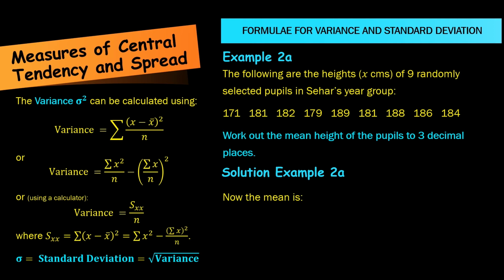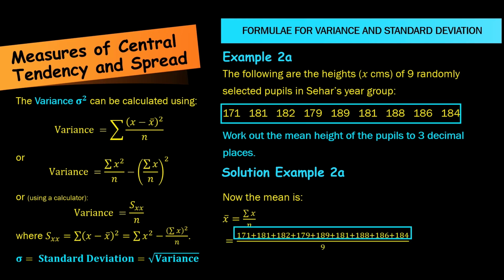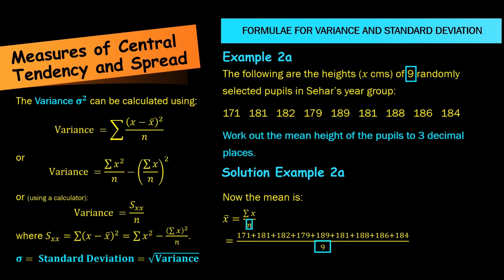The mean is given by sum x over n, which is equal to, in our example, all these values added together divided by the number of data values we have, which is 9. And this equals 182.333.